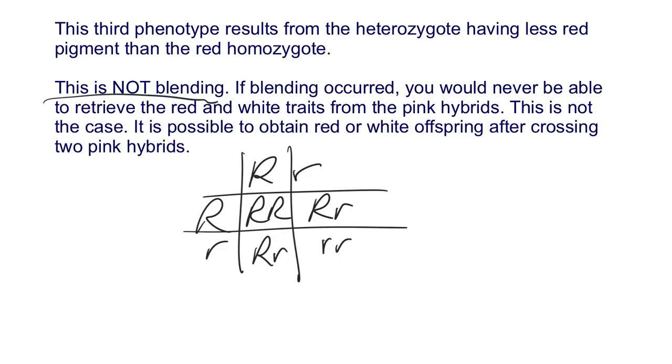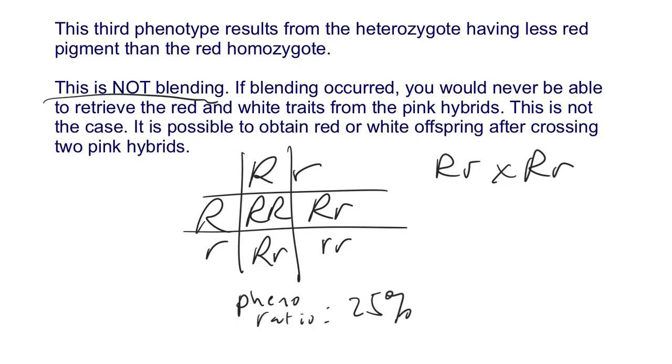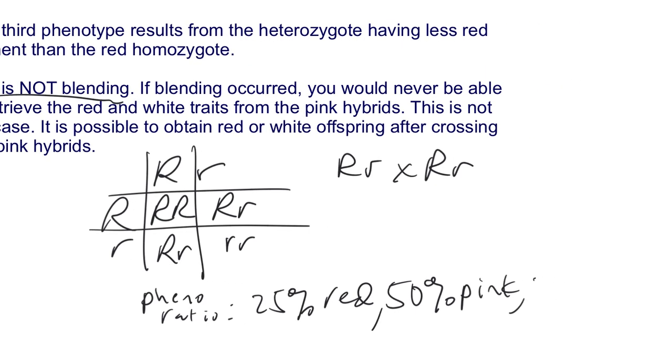Okay, so what would be the phenotypic ratio if you cross 2 pink roses? It would be, let's do percentages, 25% red, 50% pink, and 25% white.